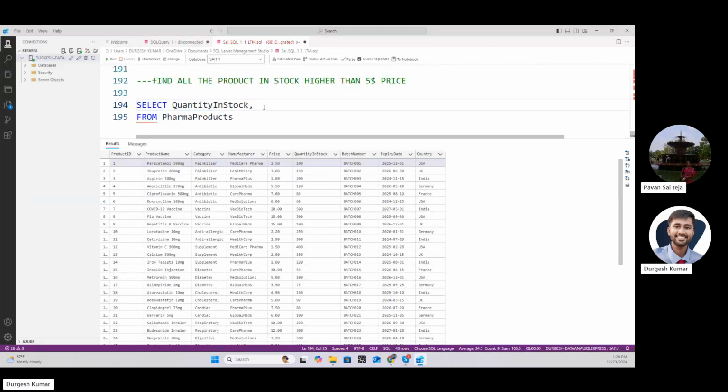Why we are writing them comma separated. Now tell me your answer.